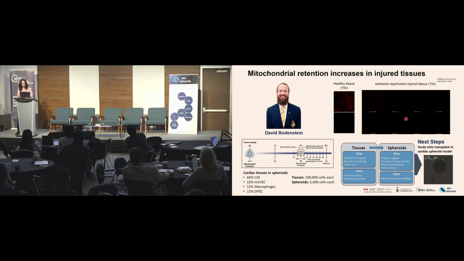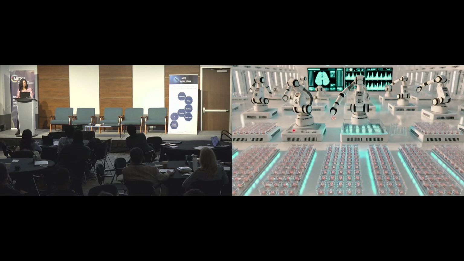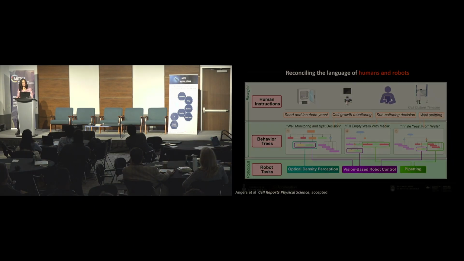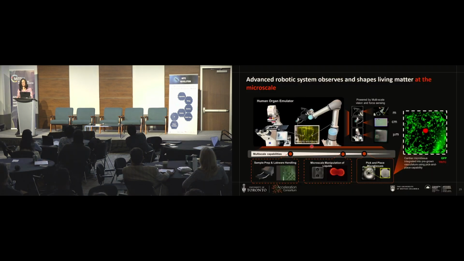So in the interest of time, I'll stop here, and I had some slides on automation, but perhaps I'll just show you one video here. So how are we going to do this in a scalable way? How are we going to grow many, many, many cell types, many tissues with 4 cell types to study these dose responses?